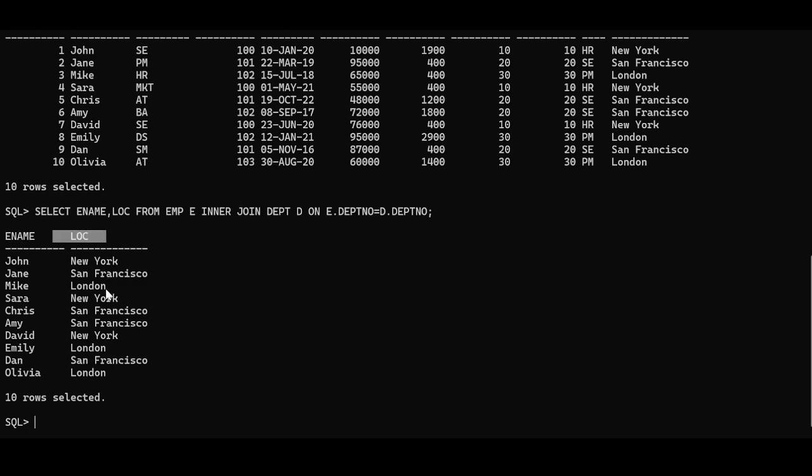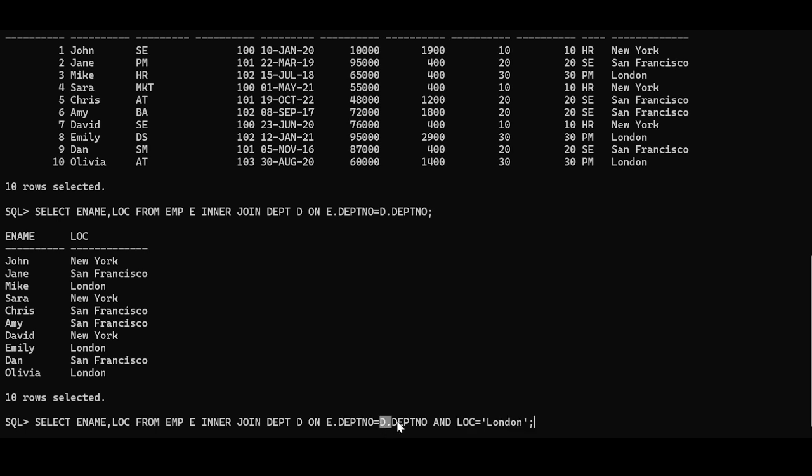But I want to find the employees who are working in the London location, right? After the join condition, only join the records of employees working in the London location. So I would say AND LOC equals London. Joining condition followed by the London location.